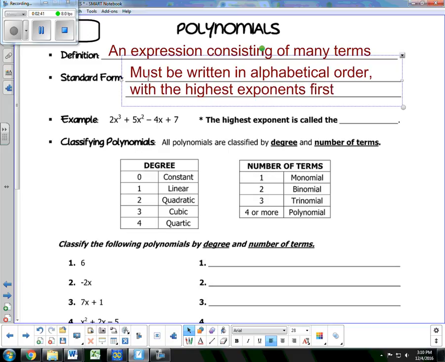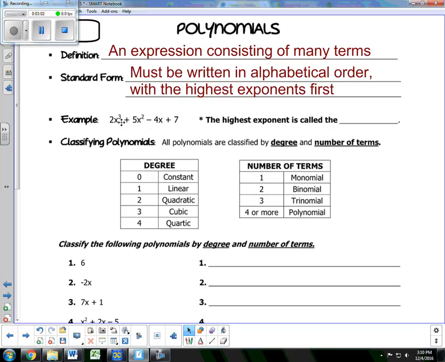So you go in descending order, which means you start with the largest exponents and go down. If there are more than one variables, usually we go alphabetical order. So, like A would come before B and so on and so forth. We're kind of used to seeing them written that way anyway.